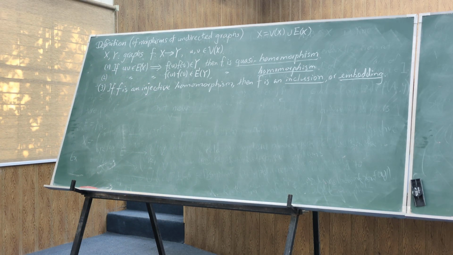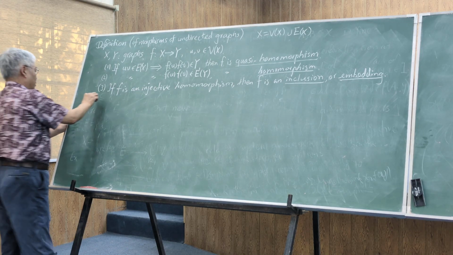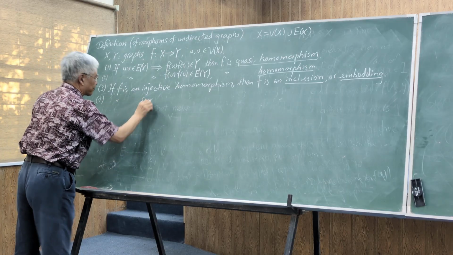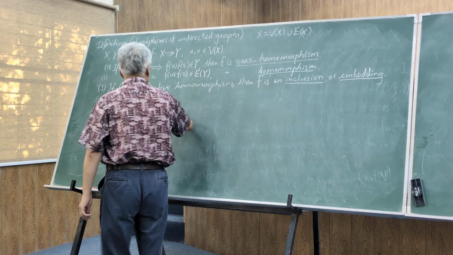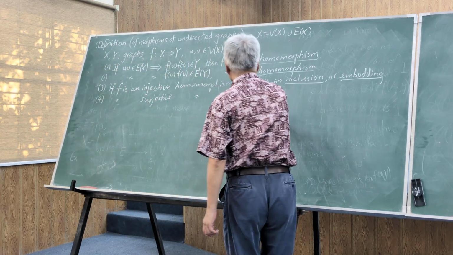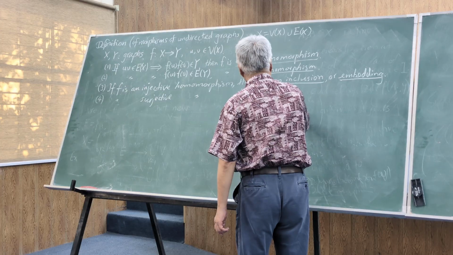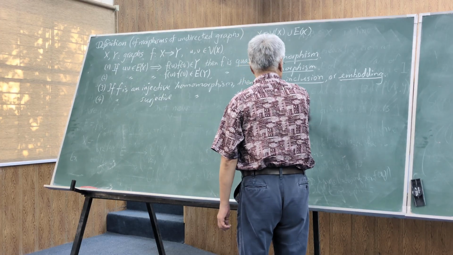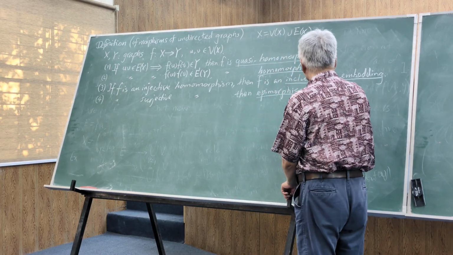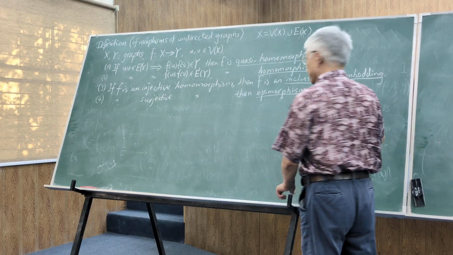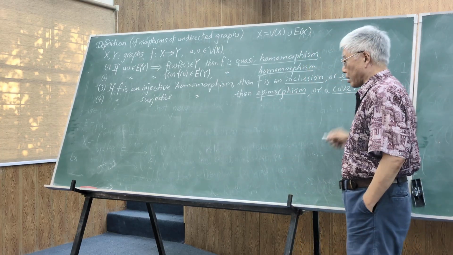Of course, a surjective homomorphism is called an epimorphism. I'll write it, it's not in the slides. If f is a surjective homomorphism, then it's called an epimorphism, usually in mathematics, and other names are there. Or a covering. You can put that in there, but cover is fine.